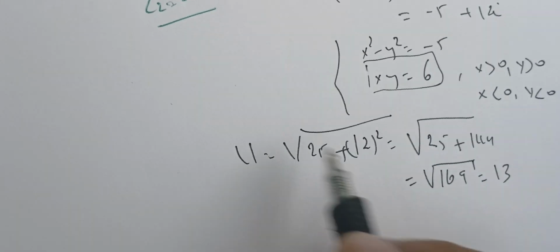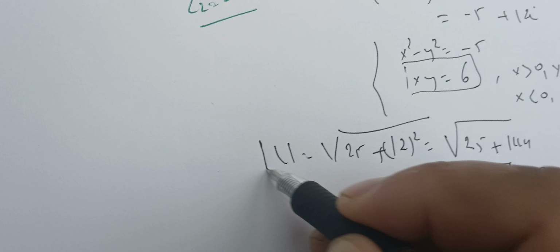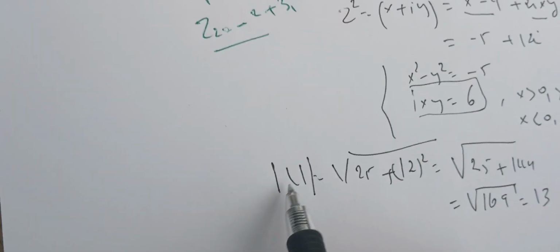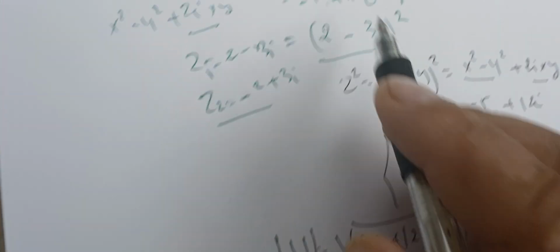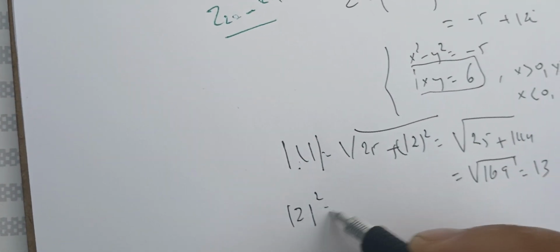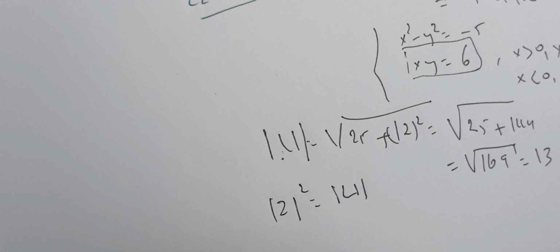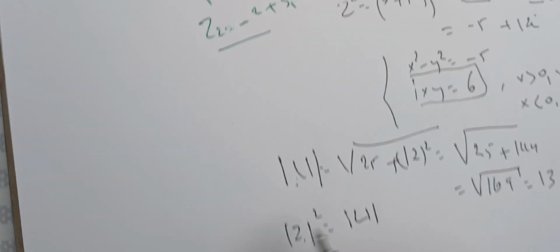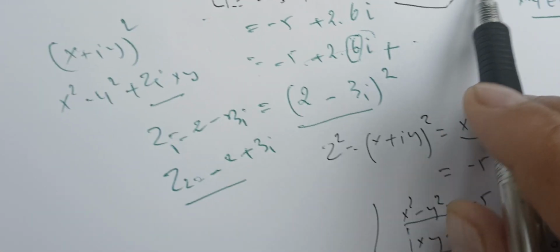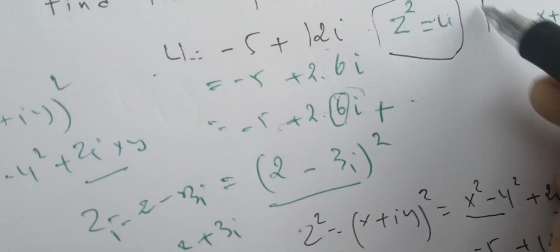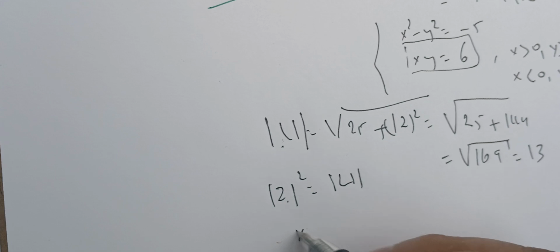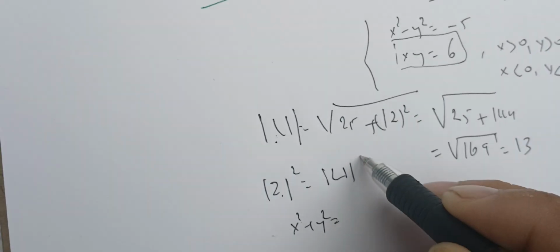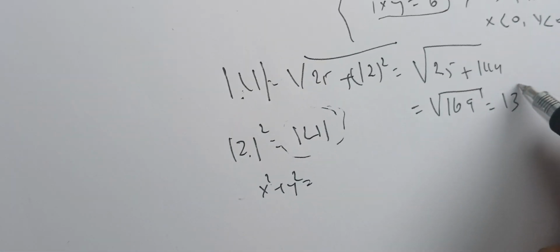So that's the norm. Now the norm of z squared is the norm of u. And the norm of z squared is x squared plus y squared, which is equal to the norm of u, that's 13.